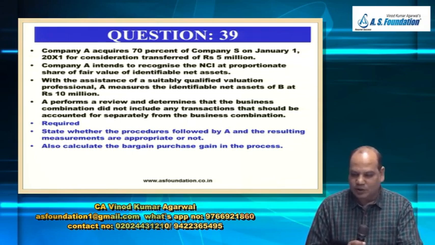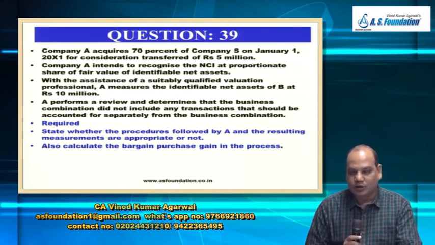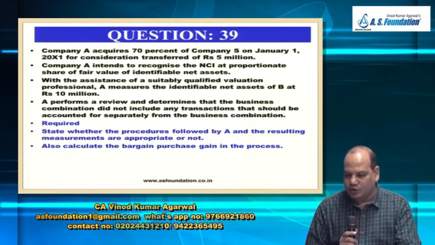Question number 39. Company A acquires 70% of Company S on 1st January 20x1 for consideration transferred of rupees 5 million. Company A intends to recognize NCI at proportionate share of fair value of identifiable net assets. With the assistance of a suitably qualified valuation professional, A measures the identifiable net assets of B at rupees 10 million.